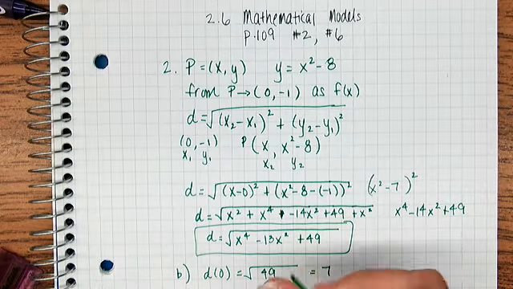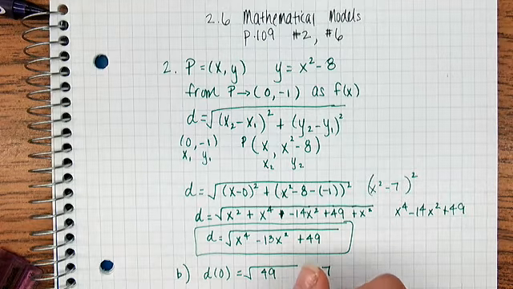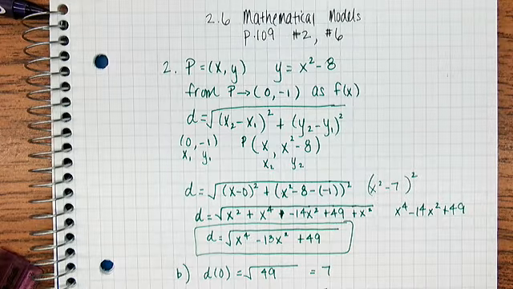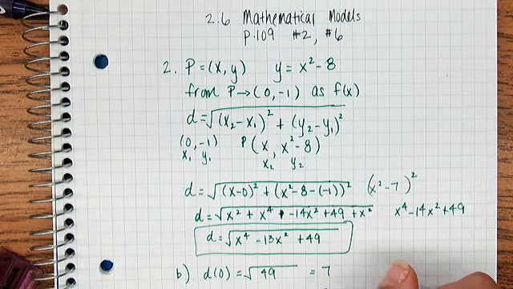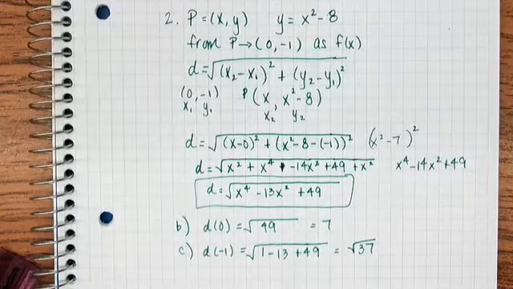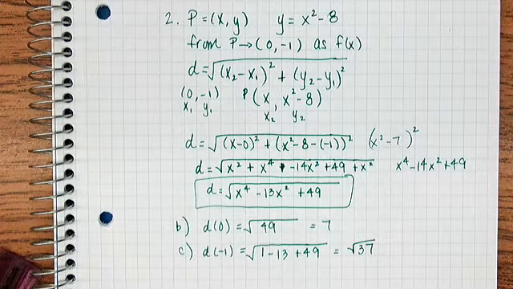And that's going to be 1 minus 13 plus 49, which is the square root of 37. Oops, oh, I'm so sorry. Sorry about that. I plugged in negative 1. Kind of got caught up in the math.